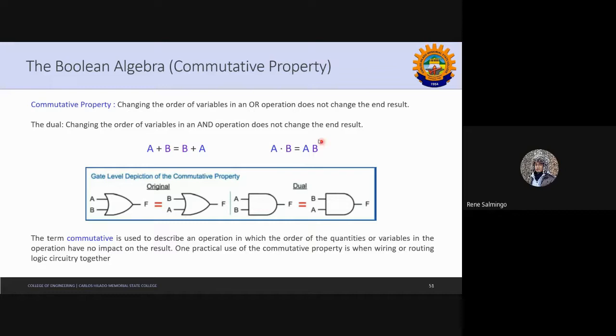Now for the duality using AND, we have A and B. I forgot to put the sign here, but usually if you don't put the sign, it still means AND. So you will have the output still the same.